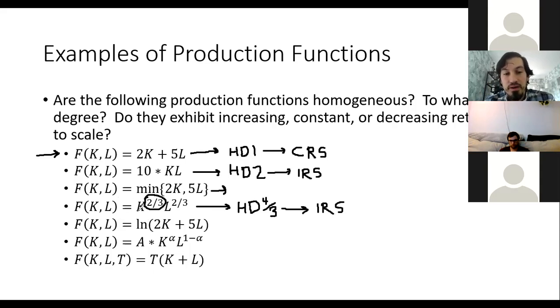This is a function where, let me explain in terms of economics. This is an economics review. There is a diminishing return to each input. Each input, capital and labor, has the law of diminishing returns: the more capital I add, the less the marginal product of capital is.